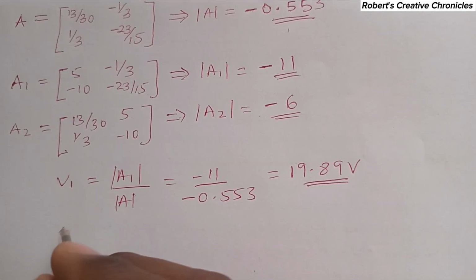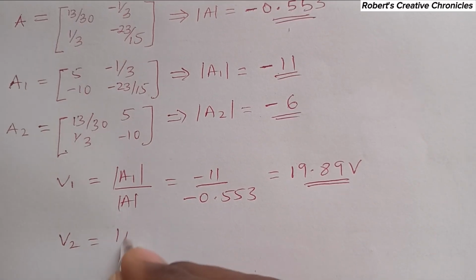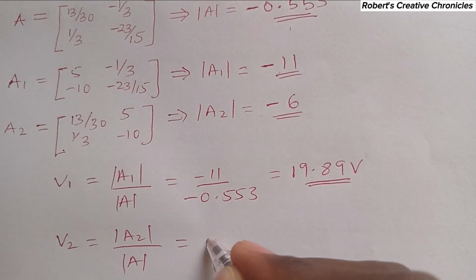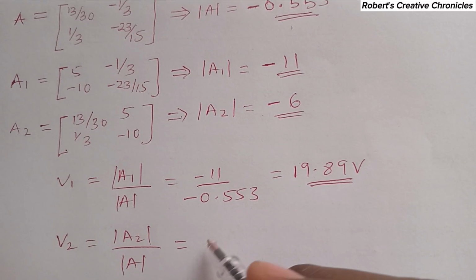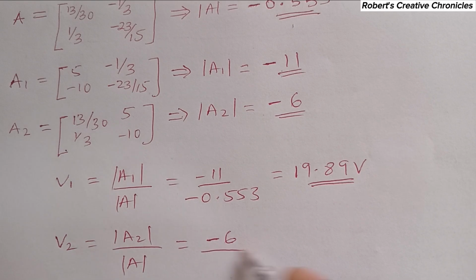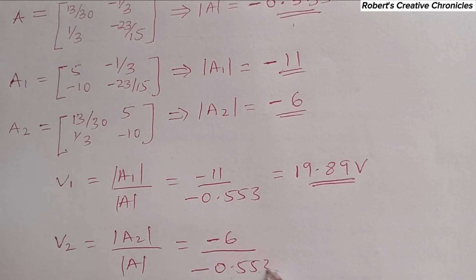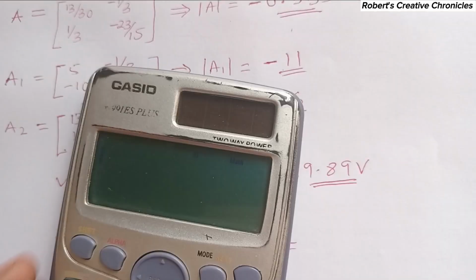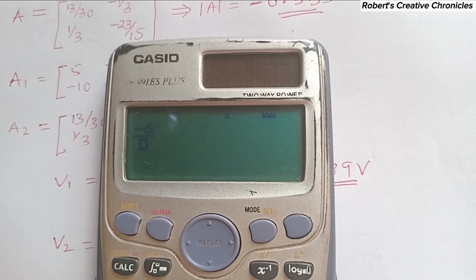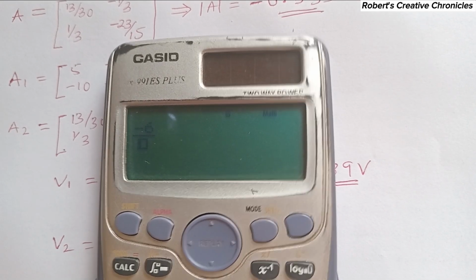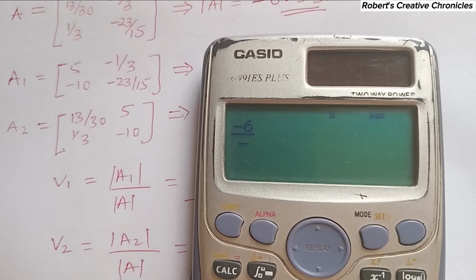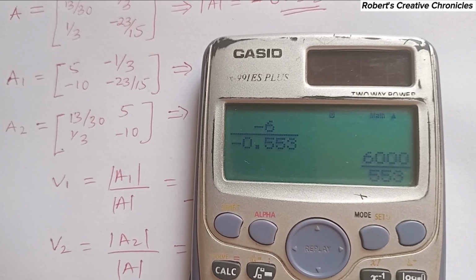Then V2. V2 is the determinant of A2 over the determinant of A. So it's now negative 6 over negative 0.553.